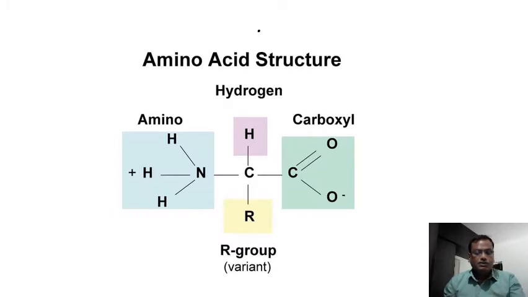Now this is the structure. Here you can see this is one of the very simple amino acids. This structure is fixed in all 20 amino acids. Okay, so here you can see the carbon atom, and attached to this, it can bind with four different groups. So one H atom and one amino group and one carboxyl group.